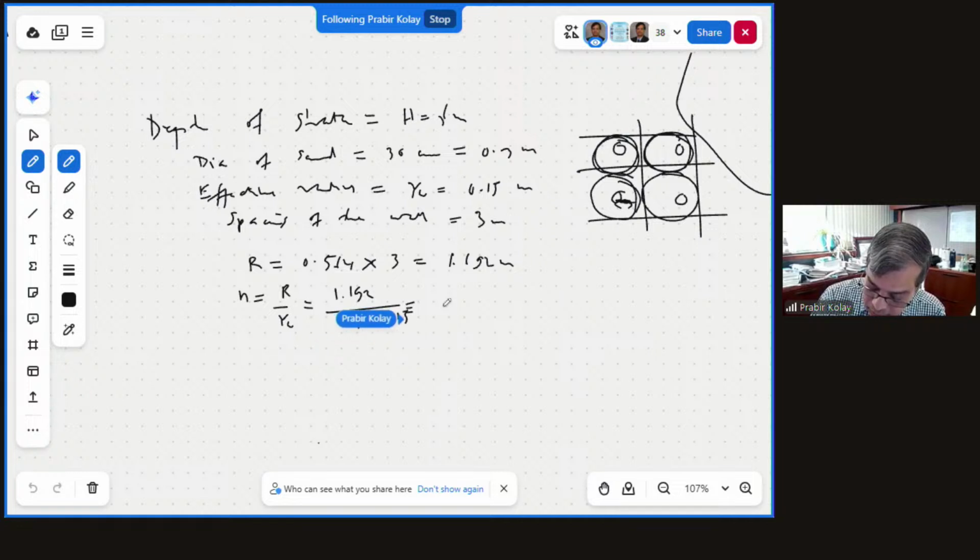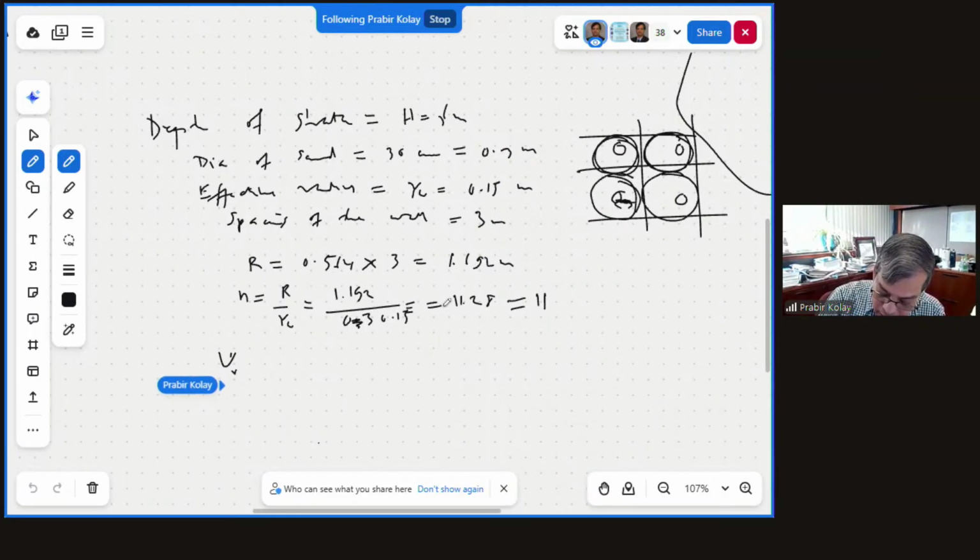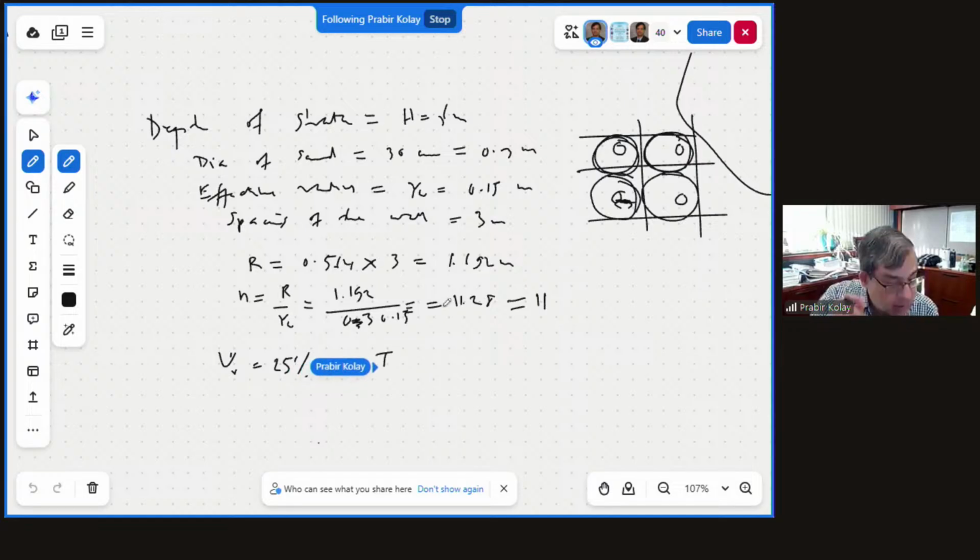So this will be around 11.28. So approximately we can say n is 11. Okay. So now for our case, the degree of consolidation Ur in the radial direction is 25%.